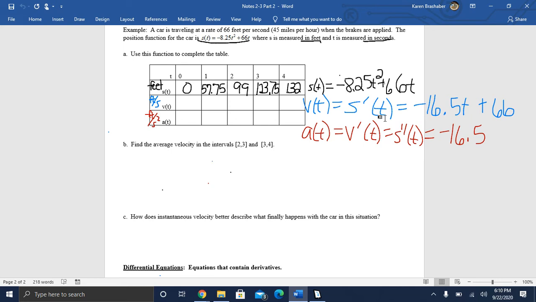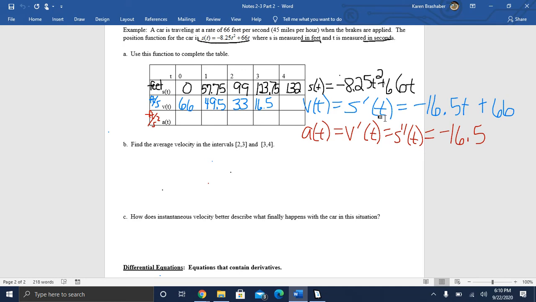The velocity then, plugging in again those seconds into the velocity function. So negative 16.5 times t plus 66. And again, you could use a calculator as needed for these values. So we're plugging in the different times. Notice that this is instantaneous velocity.